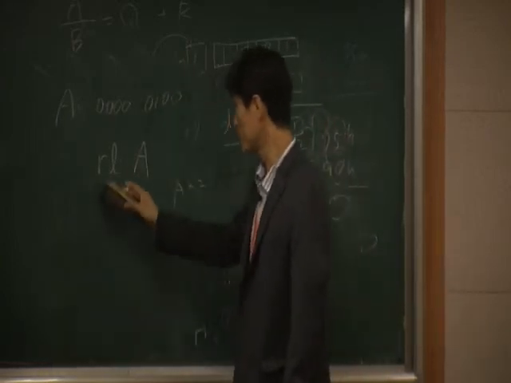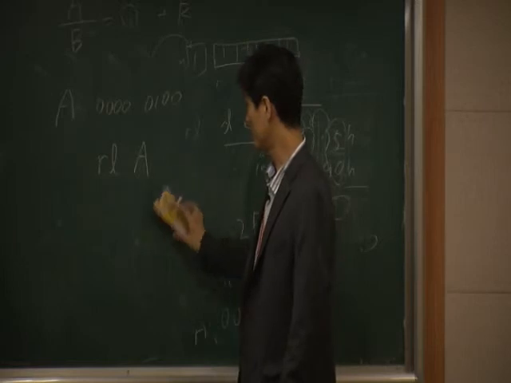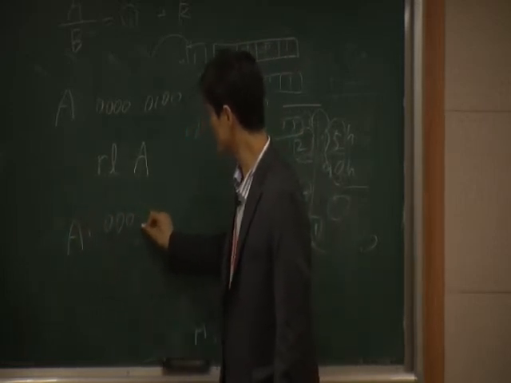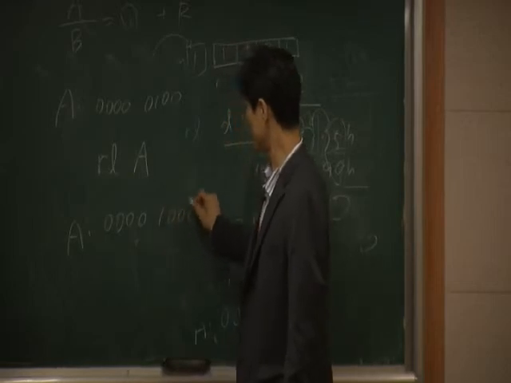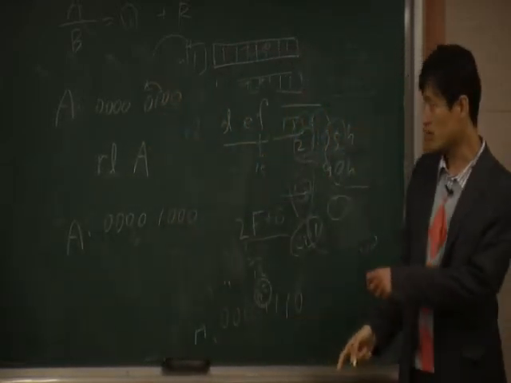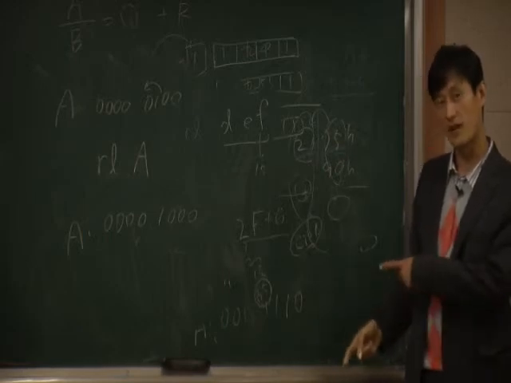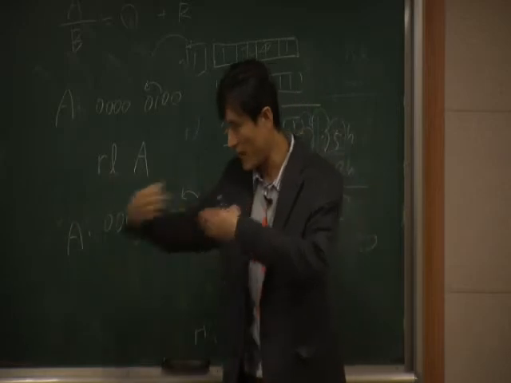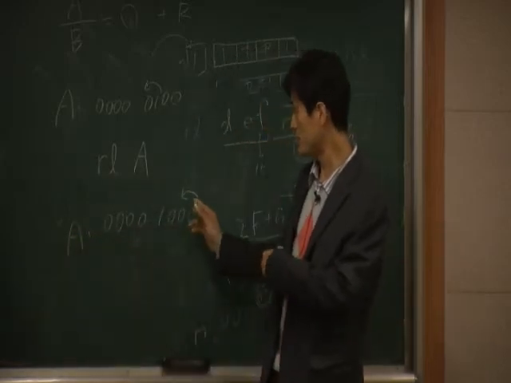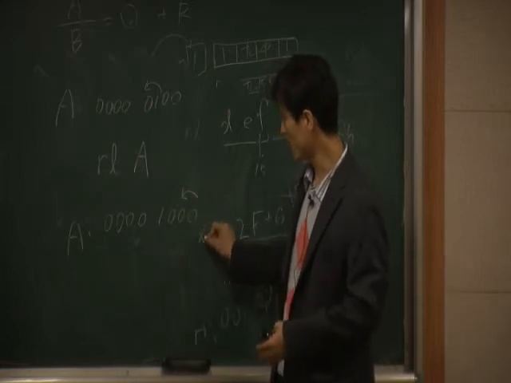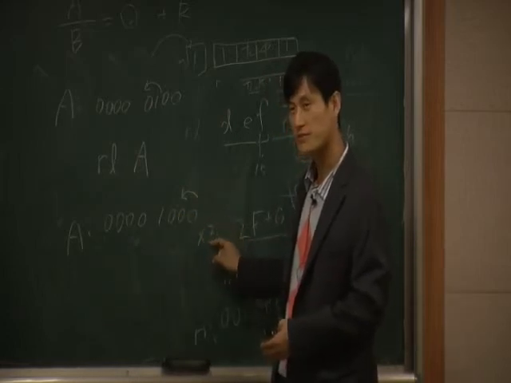Because when you do this rotate left, now the result becomes 0, 0, 0, 0, 1, 0, 0, 0, because this one now moved to the left. Read this one. This one is 8, right? So every time you move each bit position to the left, you do times 2.